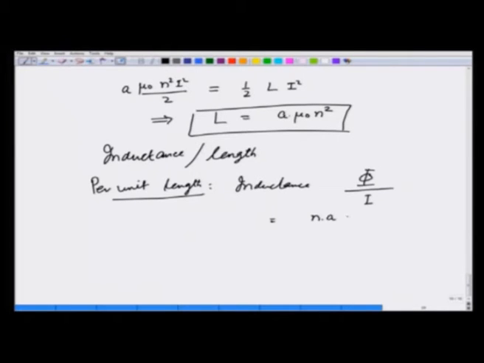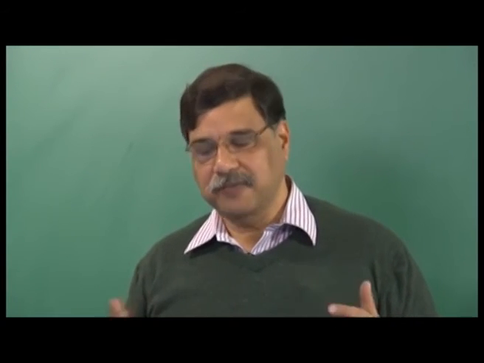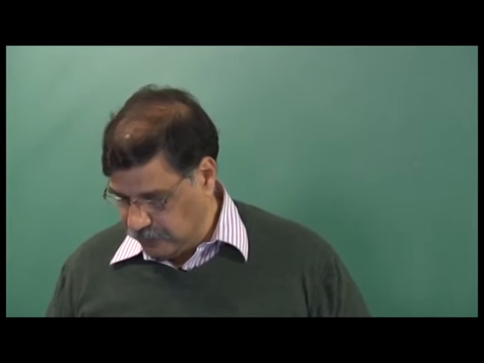The field is n mu 0 I divided by I, which is A mu 0 n square. So, these two match. So, that is one example where we have seen how the energy calculated by the energy density of B matches with the inductance method. Should not surprise you, because after all we derived that formula starting from an inductance formula.